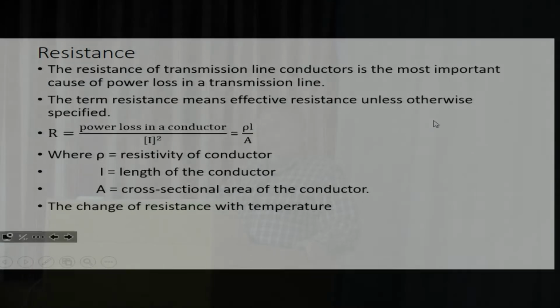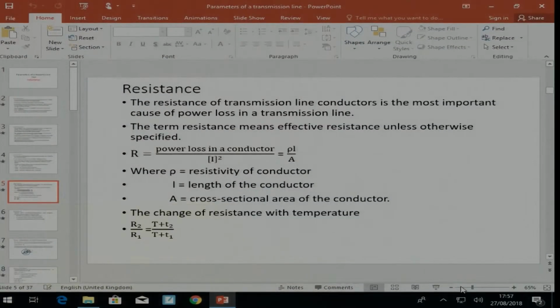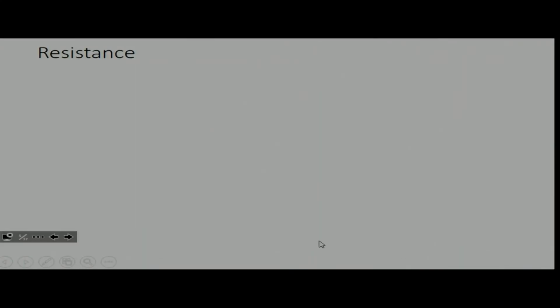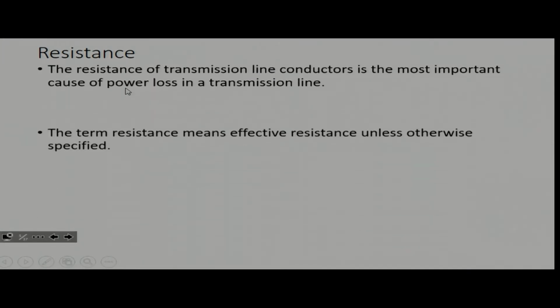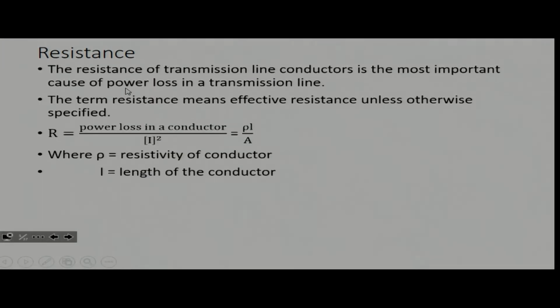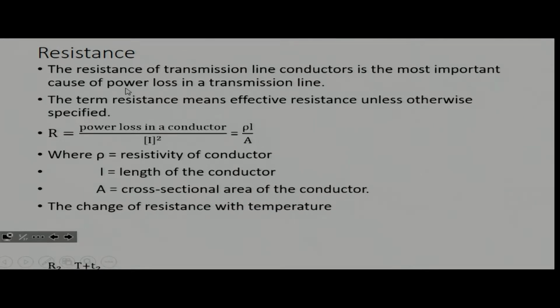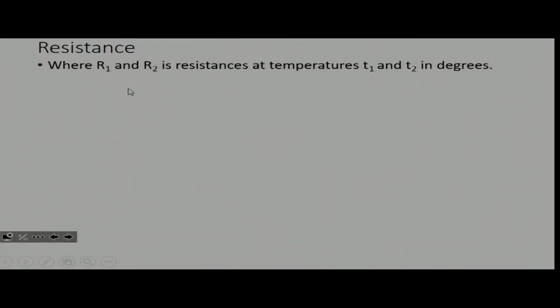The change of resistance with temperature: R1 over R2 is equal to T plus T2 divided by T plus T1, where R1 and R2 are the resistances at temperatures T1 and T2.